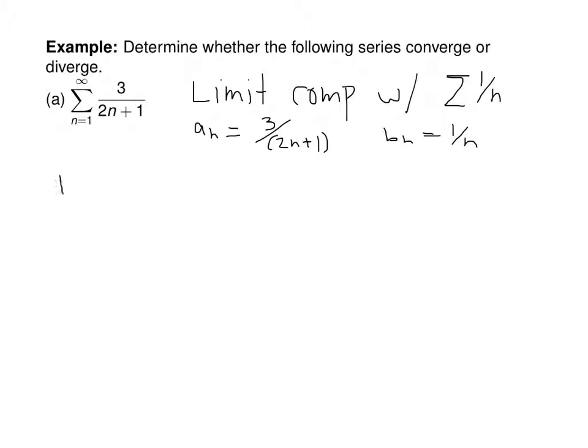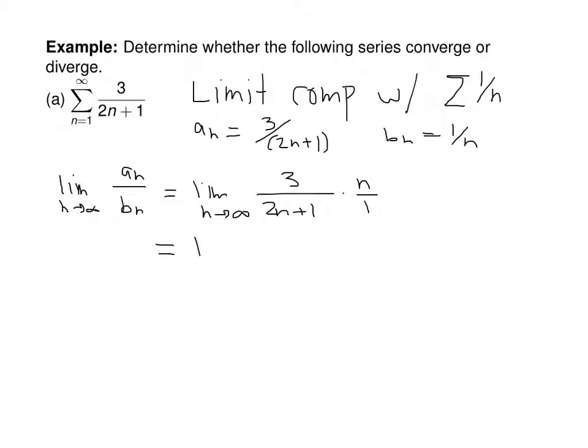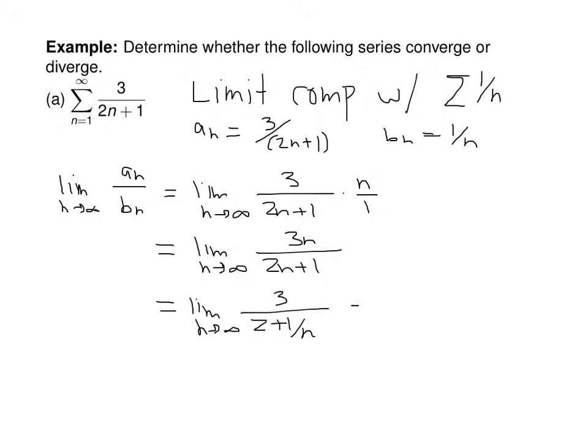So we find the limit as n goes to infinity of a sub n over b sub n. So that will be 3 over 2n plus 1 multiplied by n over 1, or the limit as n goes to infinity of 3n over 2n plus 1, which is the same thing as the limit as n goes to infinity of 3 over 2 plus 1 over n, which is 3/2.